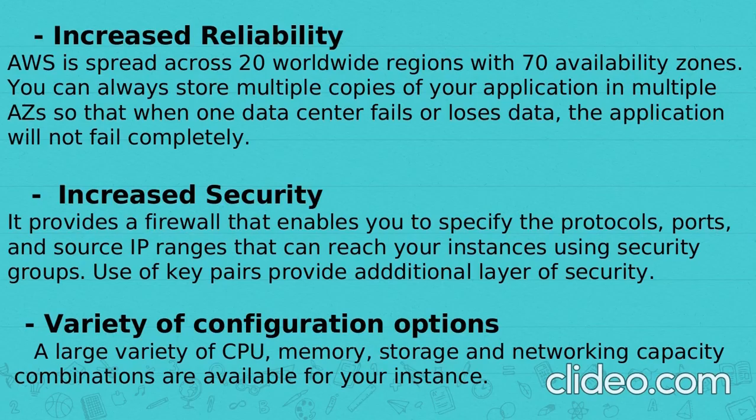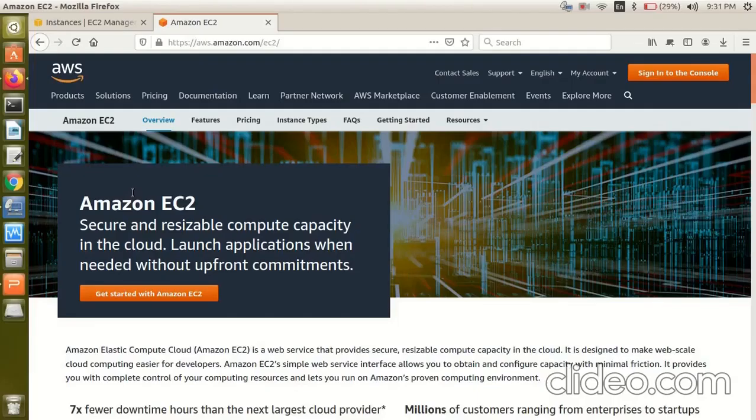Now let's have a look at the official website of Amazon Web Services, that is aws.amazon.com, and let us see what it has to say about its EC2 service. It's always the best idea to go through the official website of any IT service to get to know more about it.